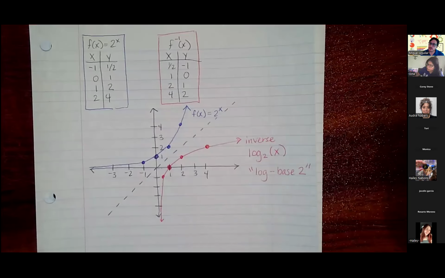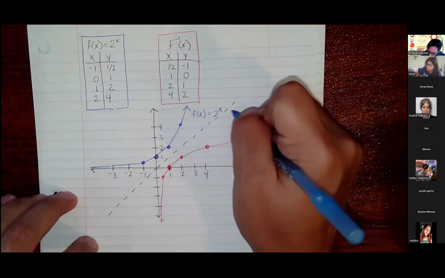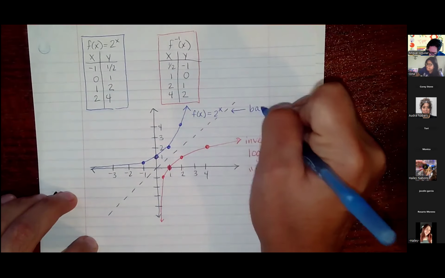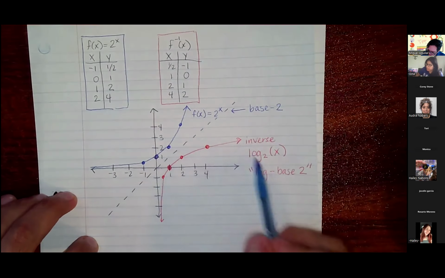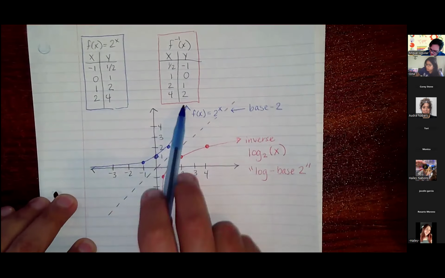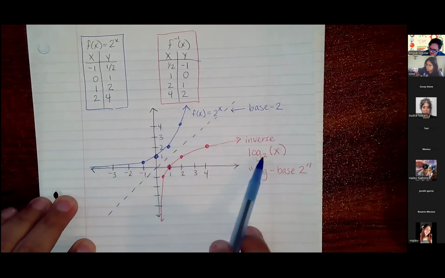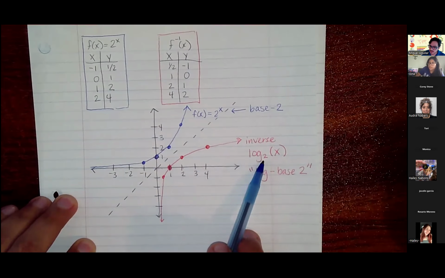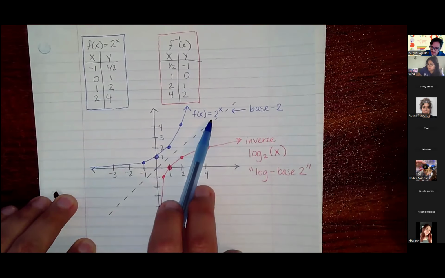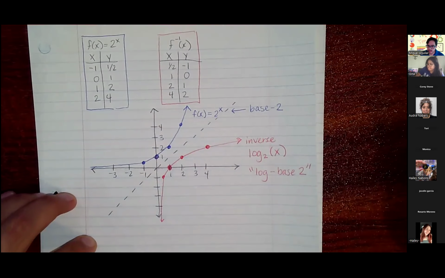And so for every exponential function, we said this is an exponential of base 2. When we build the logarithmic function from this exponential, we have to label it with this little subscript 2 so that we know this is the inverse for the exponential base 2. And that's why we call it log base 2.